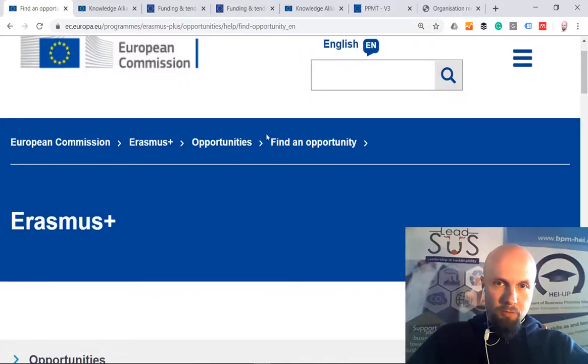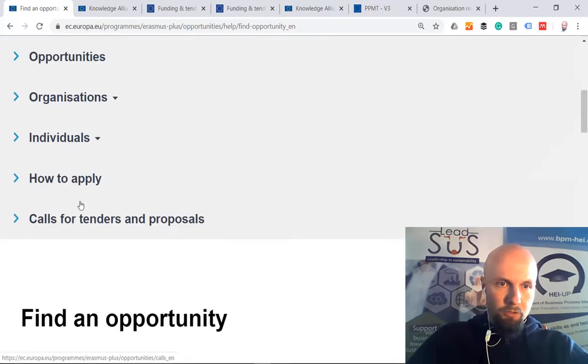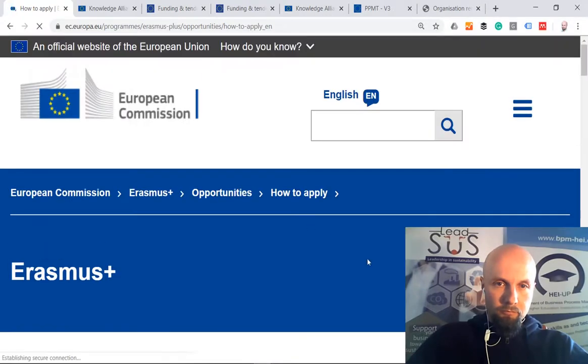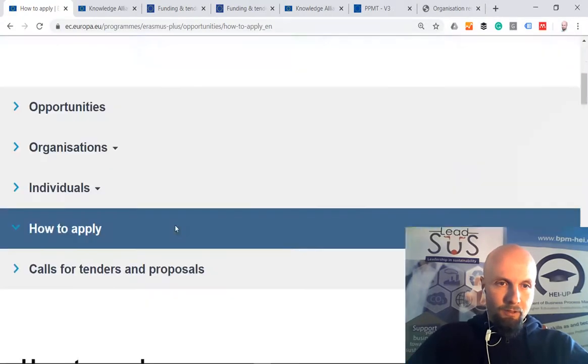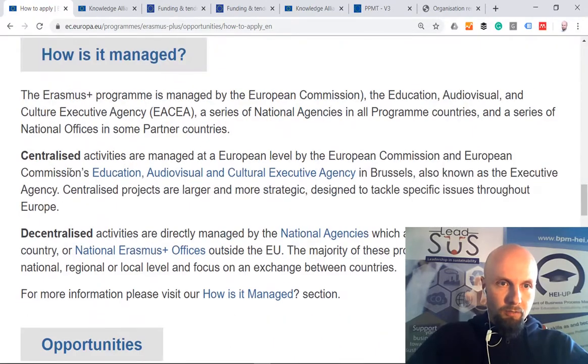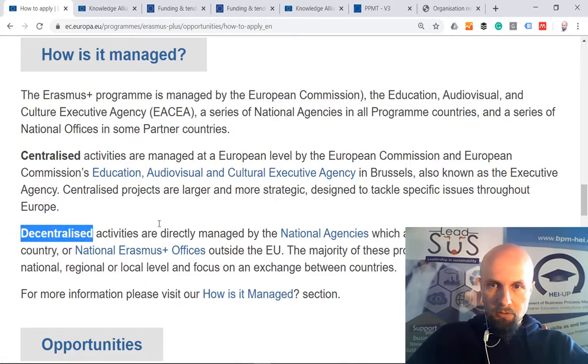In Erasmus Plus, find an opportunity subpage. And let me scroll down a little bit. And I know that applying for mobility is decentralized action.